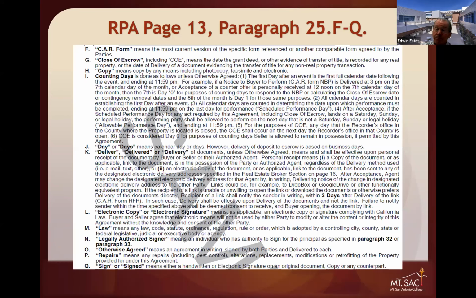Now, the next thing is we've got scheduled performance days and allowable performance days, okay? So if the 17th day is a Saturday, that's the scheduled performance day. But because it's a Saturday, it rolls over to the next business day, which is presumably Monday. So Monday would be the allowable performance day, okay?